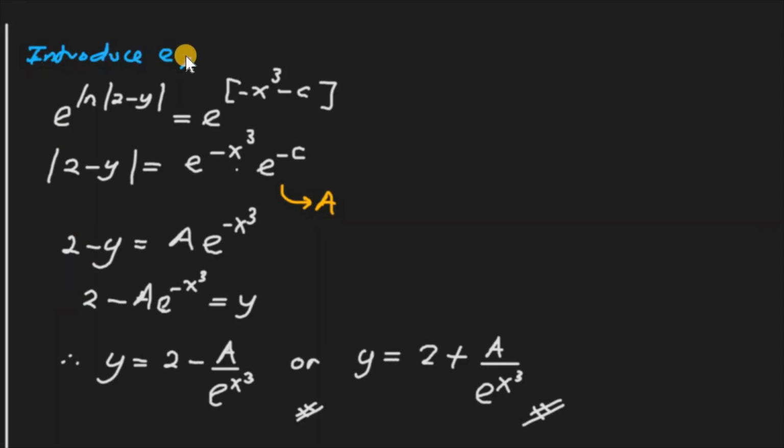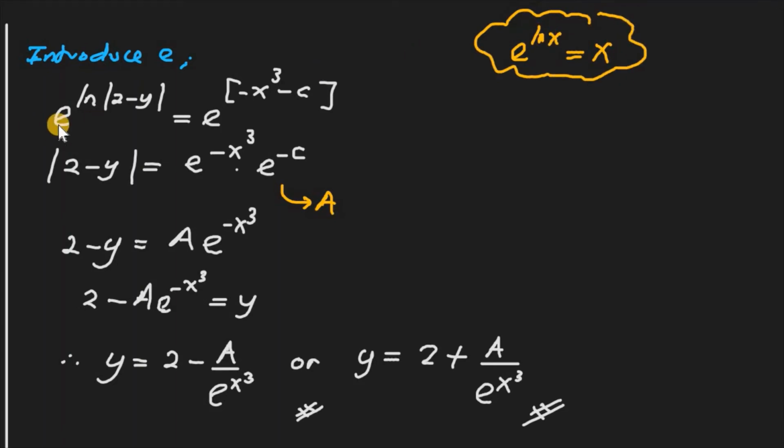So you have to introduce e, turn it into an exponential function, by applying the property of a log function: e power ln x is x. So here e power ln of this 2 minus y is 2 minus y. There we managed to get rid of the ln.